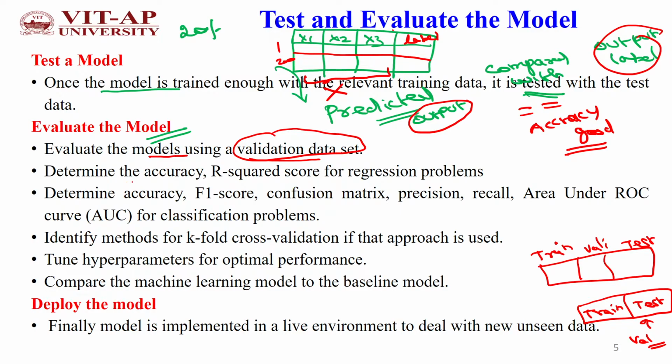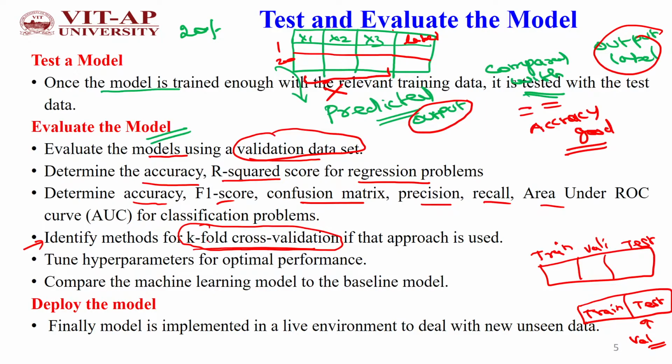To determine the performance of the model, we can use the metrics accuracy and r squared score for regression type of problems. For classification problems, we can use accuracy, f1 score, confusion matrix, precision, recall, area under ROC curve. Then we can identify the methods for k-fold cross validation. There is one approach available, cross validation.